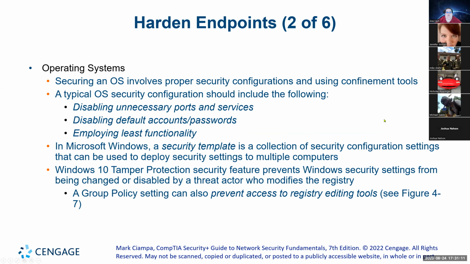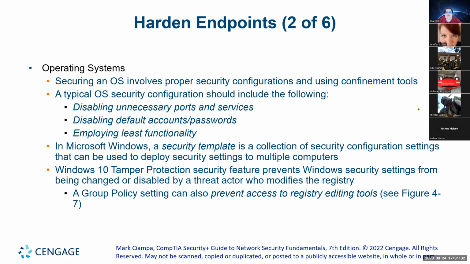Operating systems. Securing an OS involves proper security configurations and using confinement tools. A typical OS security configuration should include the following: disabling unnecessary ports and services, disabling default accounts and passwords, employing least functionality. That's usually done by group policies.